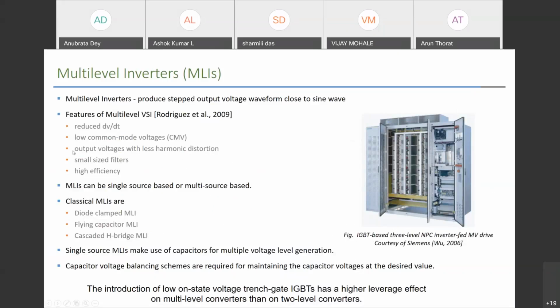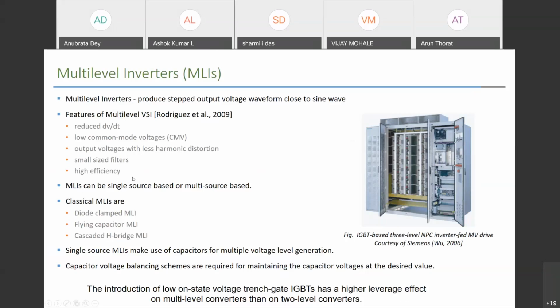Now, output voltage with less harmonic distortion. The implication of this particular point is that you need not use a very high volume and high weight filter. You can use a small size filter. And then high efficiency. Why high efficiency? Because you are able to reduce the switching frequency of a particular switch.